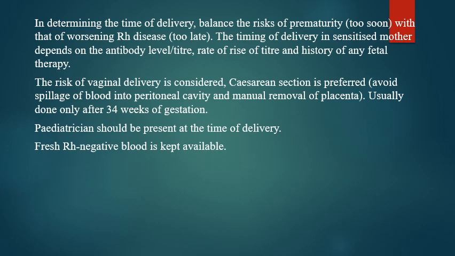The risk of vaginal delivery is considered, and cesarean section is usually preferred, where we need to avoid the spillage of blood into peritoneal cavity and also manual removal of placenta. It is usually done after 34 weeks of pregnancy. Pediatrician should be present at the time of delivery, and fresh Rh negative blood is kept available.